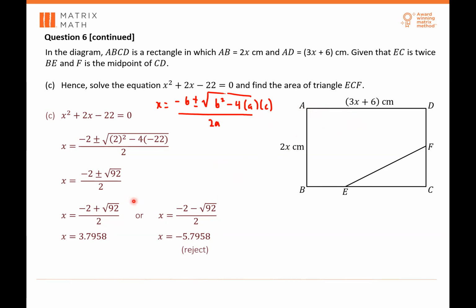Once I know the correct x to use, I will find my area of triangle ECF. Okay, so x squared plus 2x. Sub in your value of x. 3.7958 squared plus 2 times 3.7958. And then you get your answer, 22.0 cm squared to 3 SF.